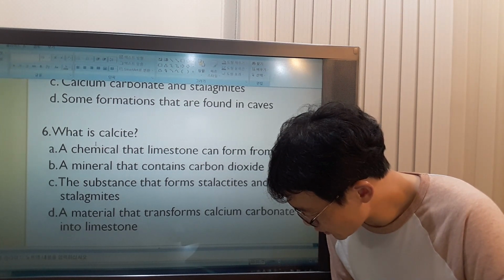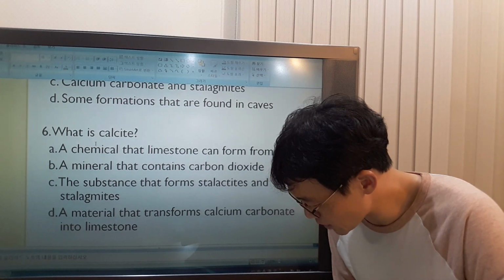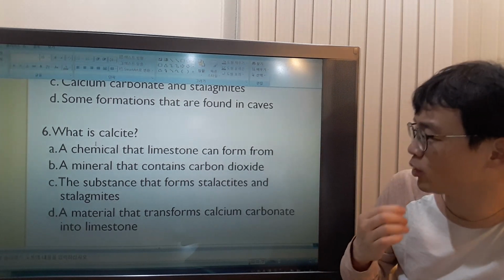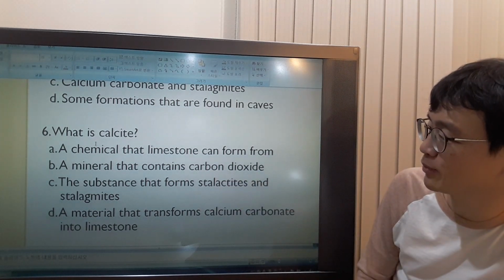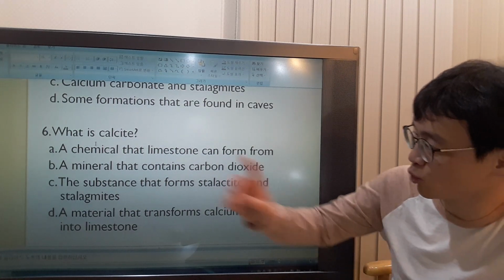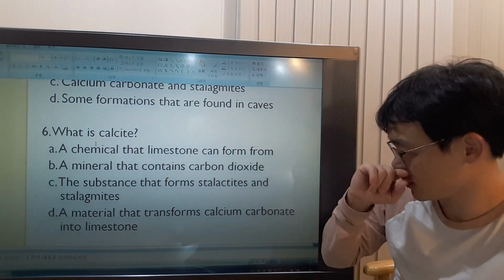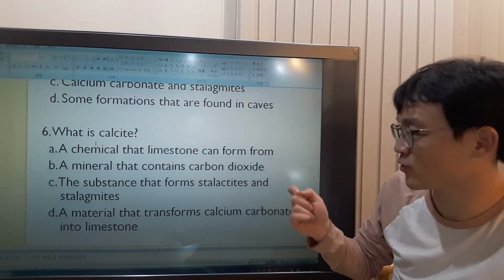As rainwater falls to the ground and trickles into a limestone cave, it picks up carbon dioxide and various minerals from the limestone. So it talks about the carbon dioxide, but this question is asking what calcite is. Do you understand? So you have to find that from the passage.